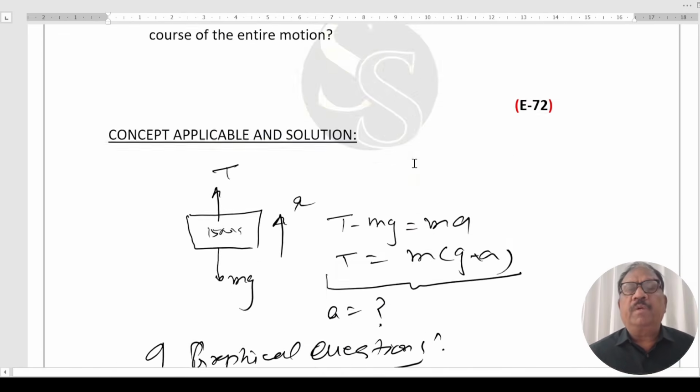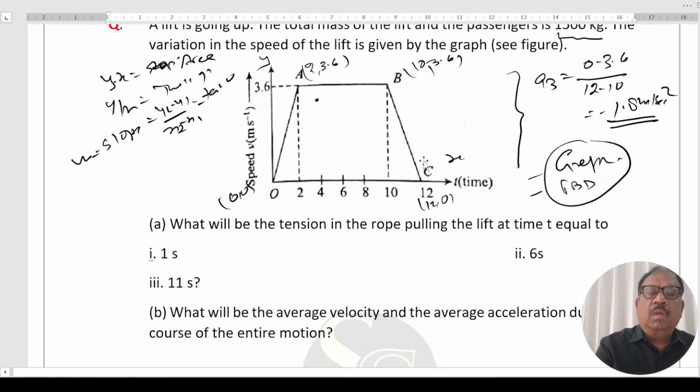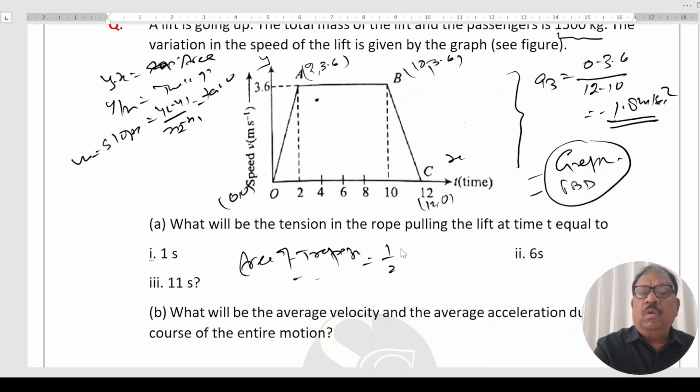To find the displacement, use the area of the trapezium. Area of trapezium is half the sum of parallel sides, OC plus AB, into the distance between those. So OABC, OC plus AB into AD.